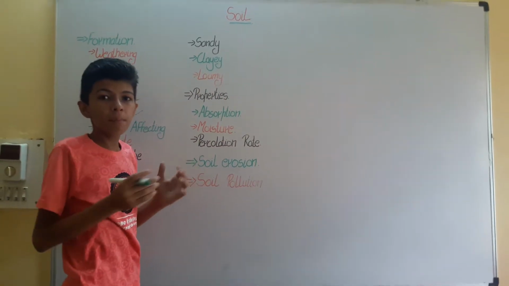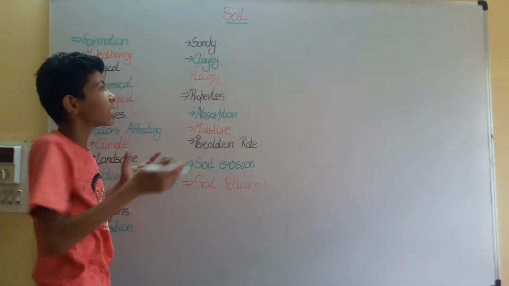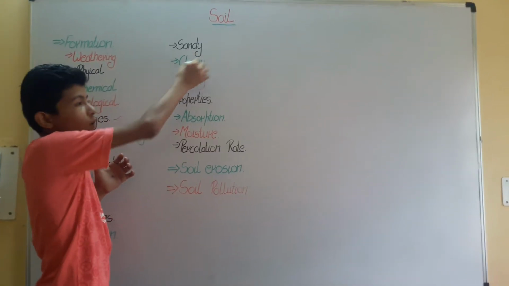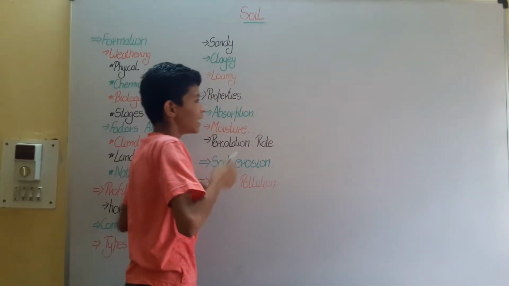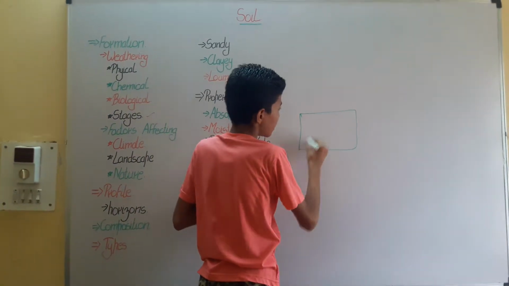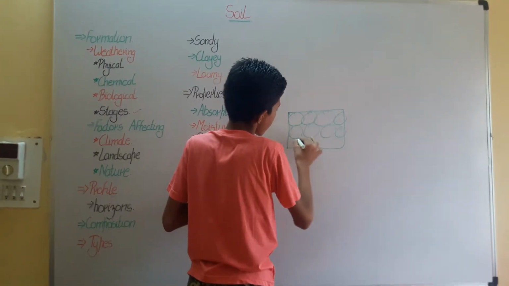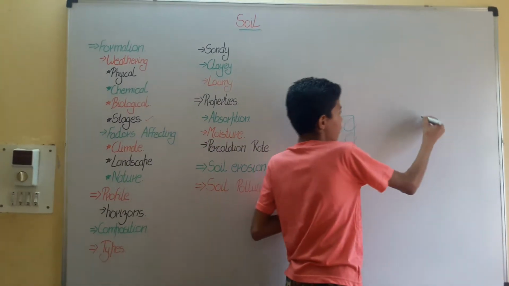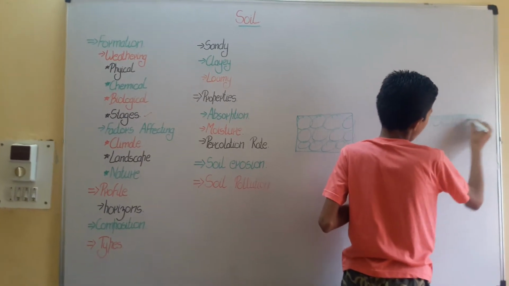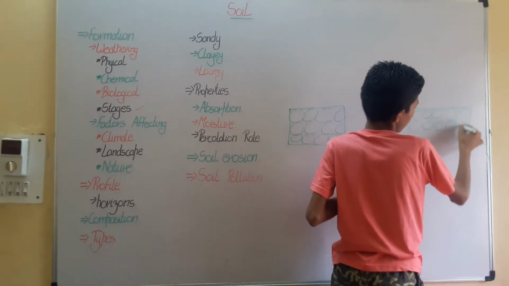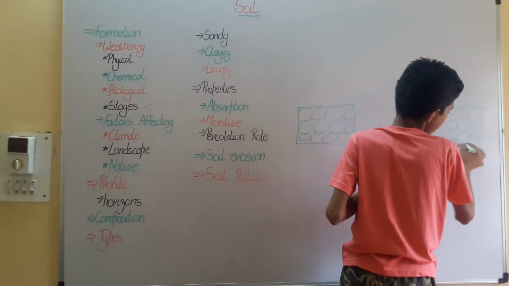If we take the same microscope without changing its degree, the clay soil would appear to have smaller particles. The sandy soil contains big balls, just like footballs, and the clay soil contains small balls of soil.